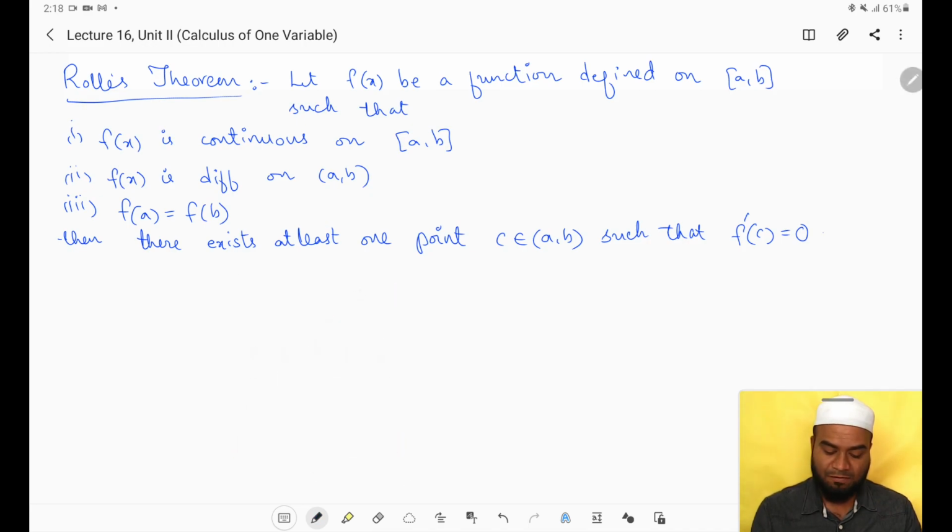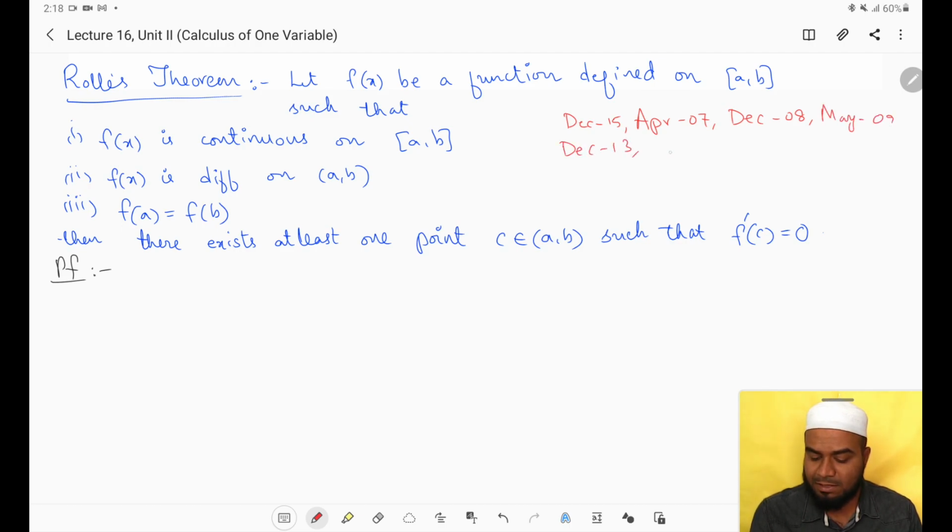Now in today's class we are going to prove this. So we are going to see the proof of this, and this proof is asked many times. In the last class I told you that this theorem was asked many times, like December 15, April 7, December 8, May 9, December 13, and also last December 20.